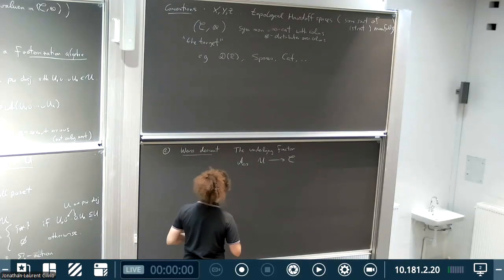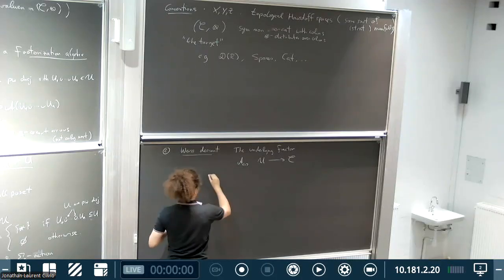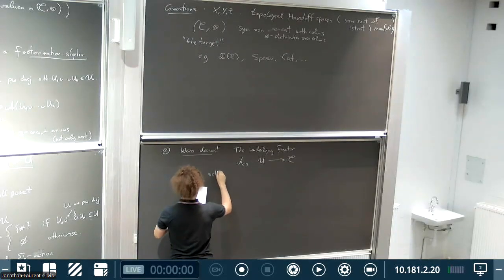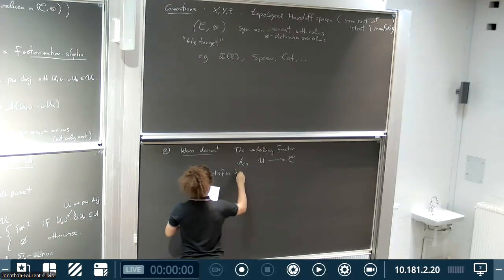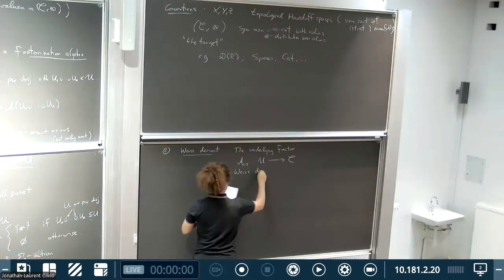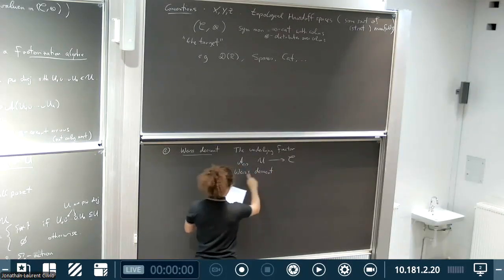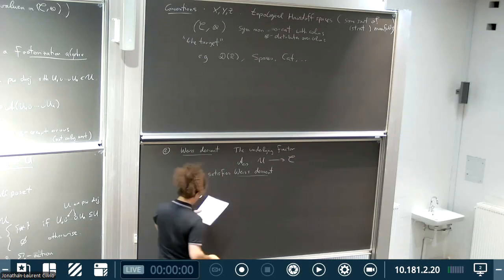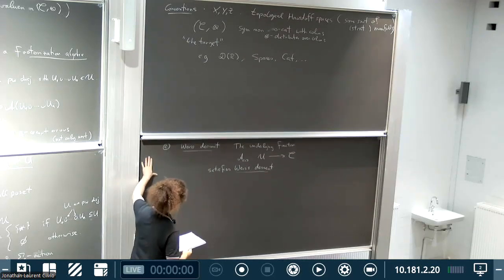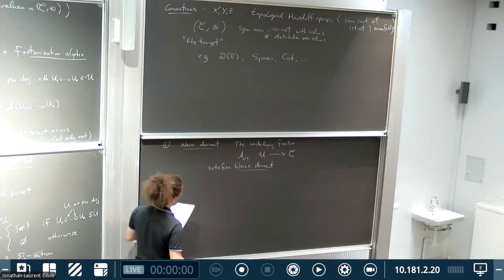So this is no longer anything about operads. This is just saying that this functor satisfies Weiss descent. I will first finish the definition, and then I will spend some time explaining what this means.